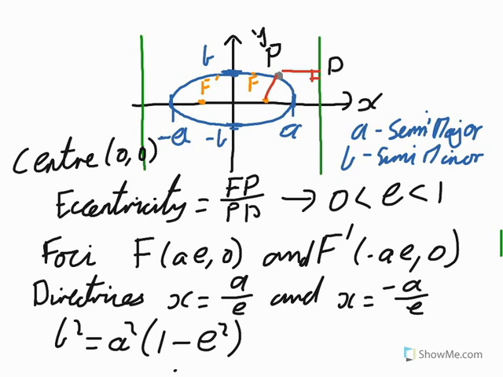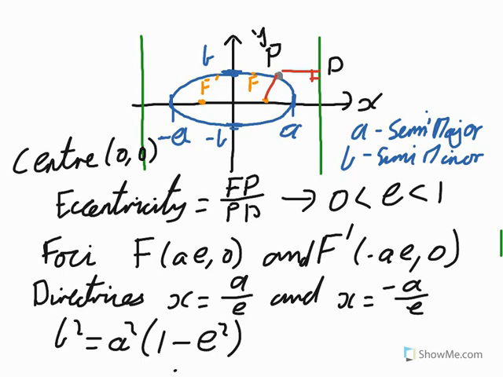So these directrices, focal points, semi-major, semi-minor axes, they're not all just random, they are connected. That's the kind of thing that mathematicians like to do. They like to find connections, they like to find patterns.